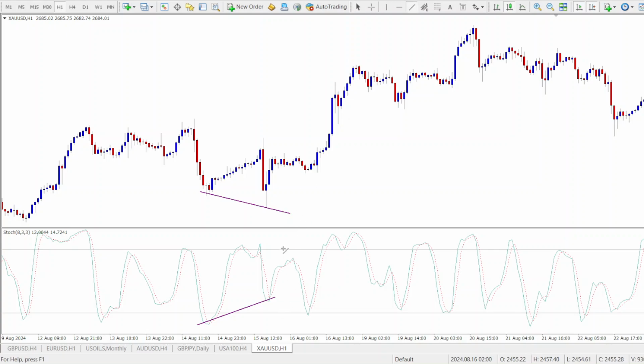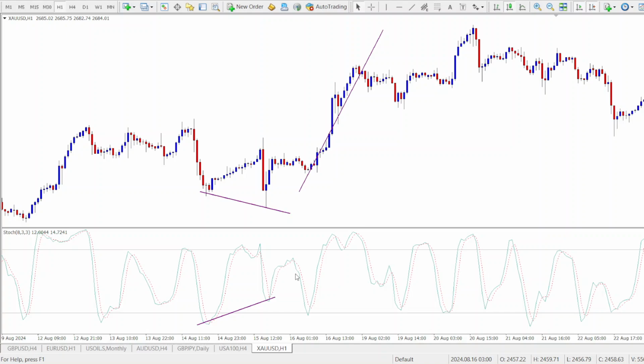We can see that just right after this divergence, the price went up. So this divergence strategy is one of the strategies that traders use the stochastic oscillator to trade.